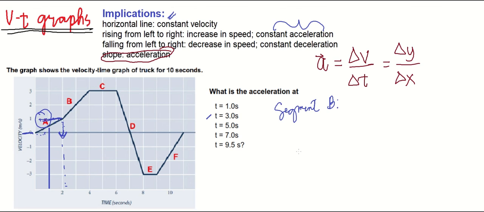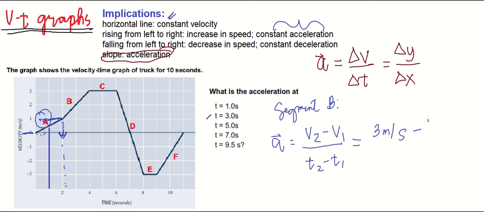So for this, we write again the formula. We have V2 minus V1 divided by T2 minus T1. So within or in the segment B, we have, ano yung end ng segment B natin? Nasaan siya? We have 3 meters per second. Saan nagsimula yung segment B natin?